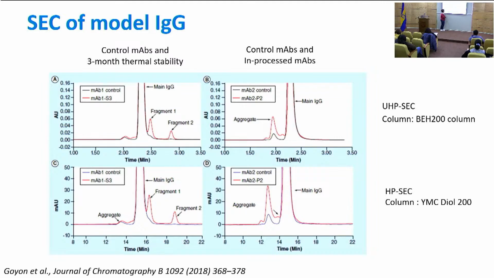The product is still a drug product that could be administered to the patient. When they kept this MAB 3 months at room temperature, we can observe those fragments. That means the MAB is truncated and degraded.